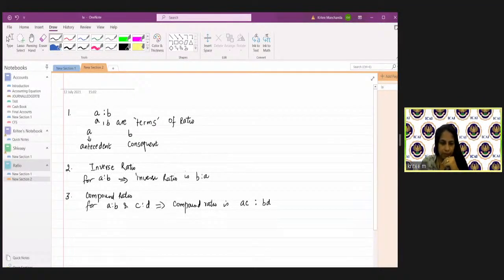In simple language, product of antecedents is to product of consequents. Then duplicate ratio. For A is to B, its duplicate ratio is A square is to B square.